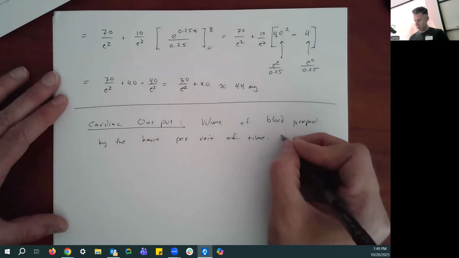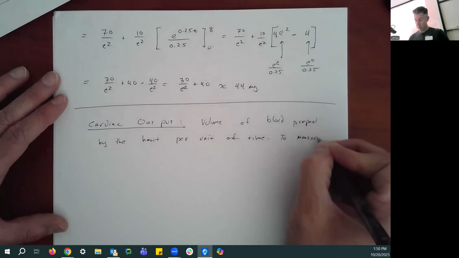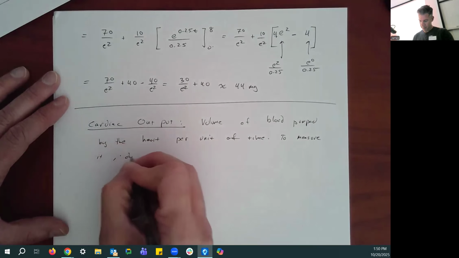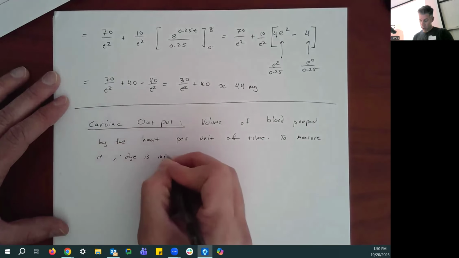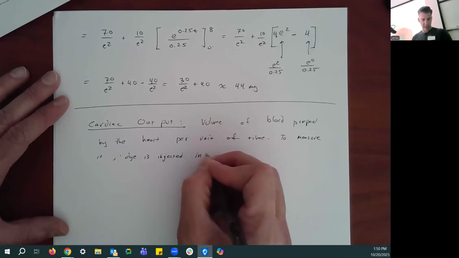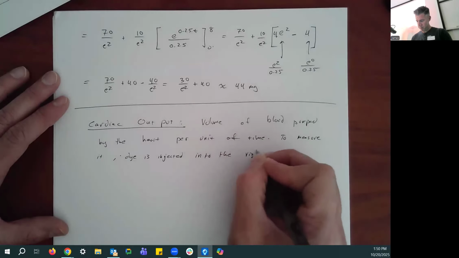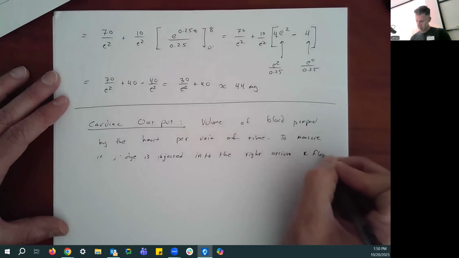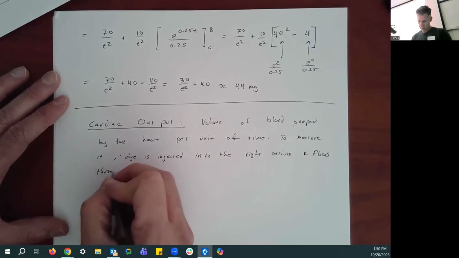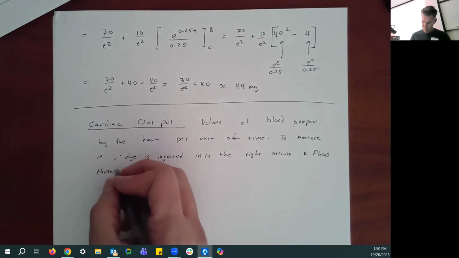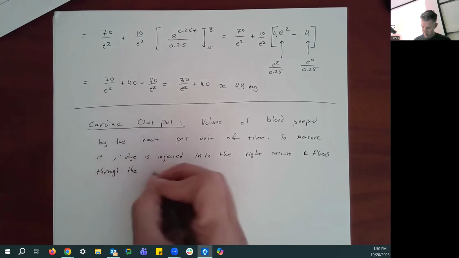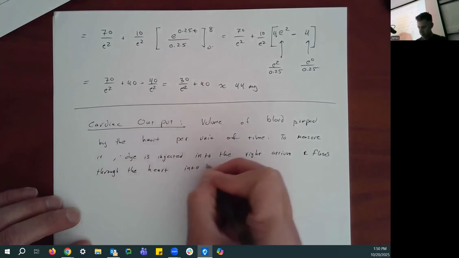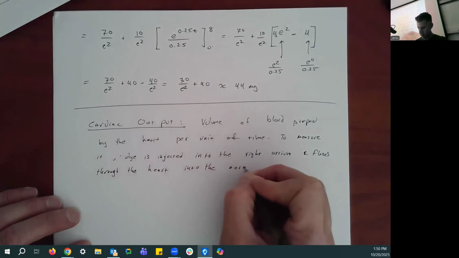So to measure it, what we do, at least what people say we do, to measure it, we inject dye. Dye is injected. You probably don't need to write down all these words. Into the right atrium and flows to the heart. Okay. Flows to the heart into the aorta.